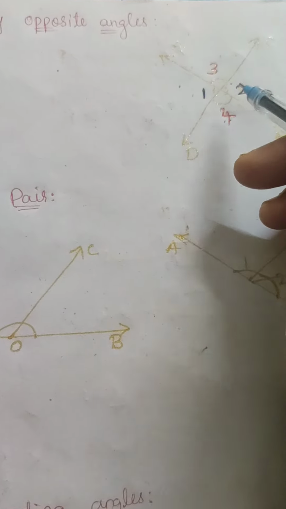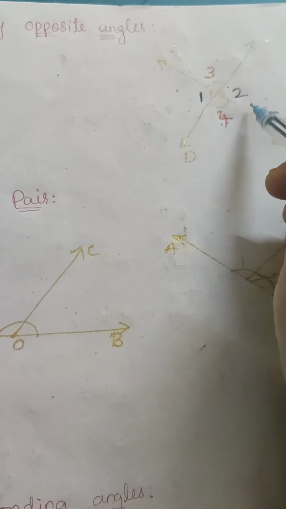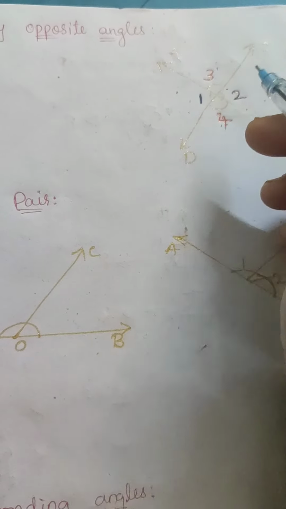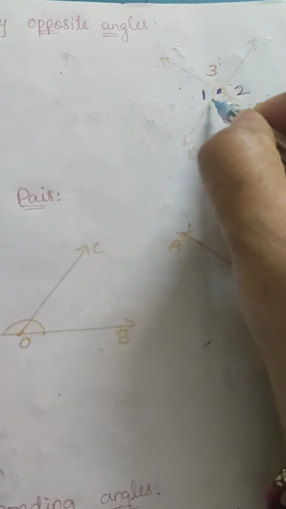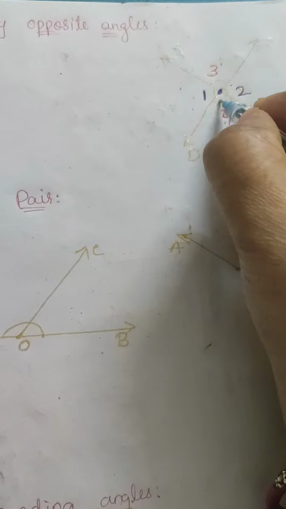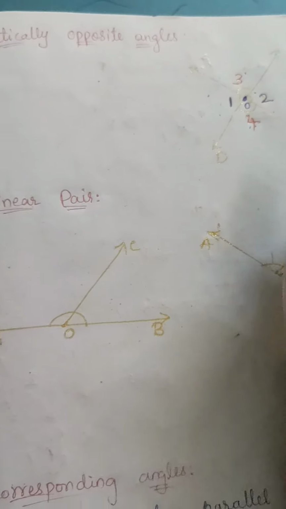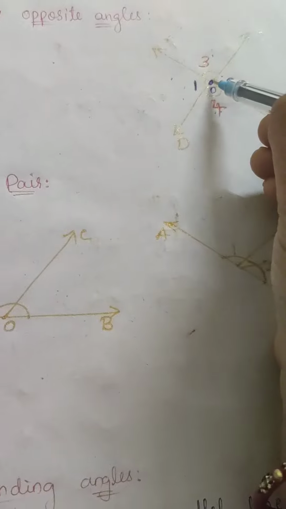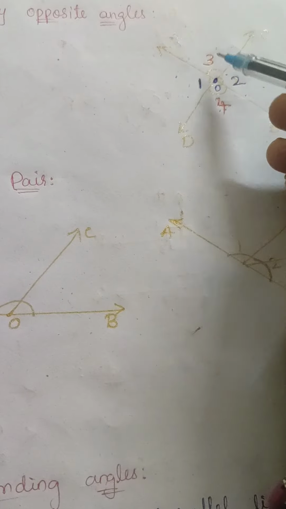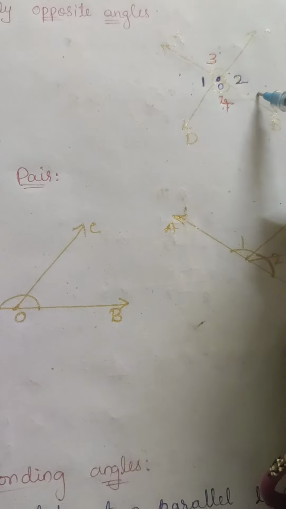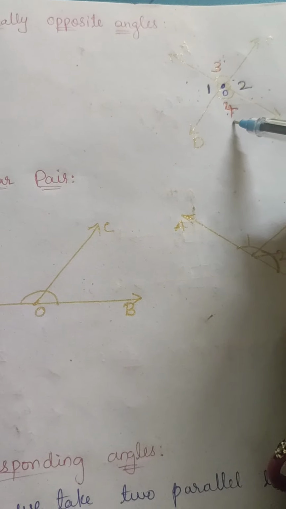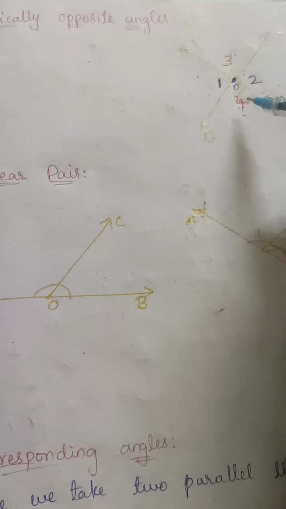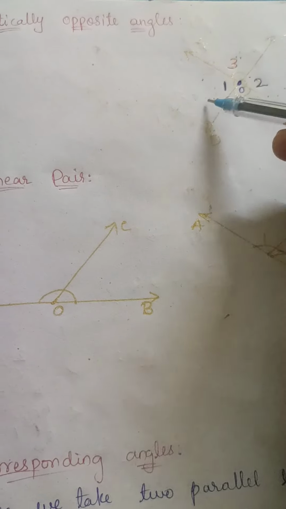These are opposite angles. Opposite to 1 is 2 and opposite to 3 is 4. This is the common vertex for all the 4 angles, let it be O. From the name itself, vertically opposite angles. Angle 1 and 2 are opposite and angle 3 and 4 are opposite. We should remember one thing, that vertically opposite angles are equal.